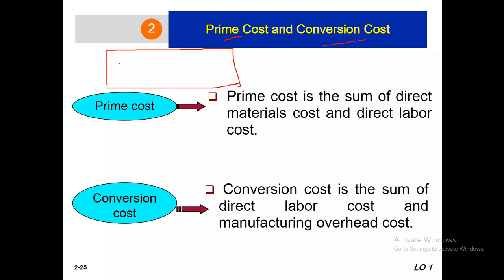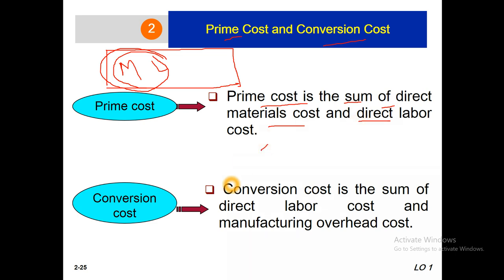That means our material cost and our labor cost. The sum, the addition of these two costs, we call the prime cost. That means prime cost is the sum of direct materials cost and direct labor cost. I think that is clear to everyone.